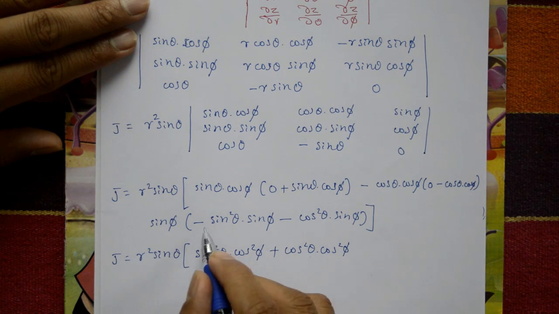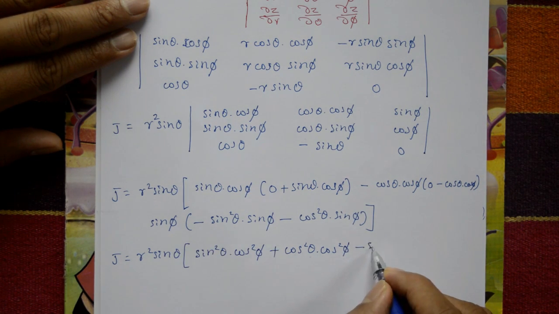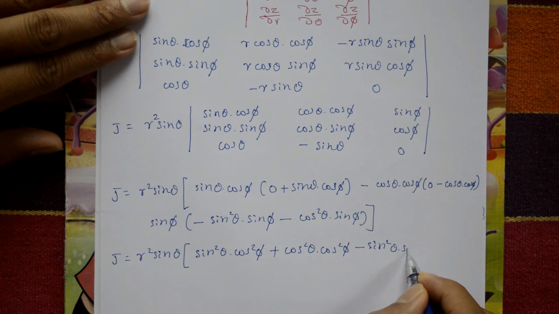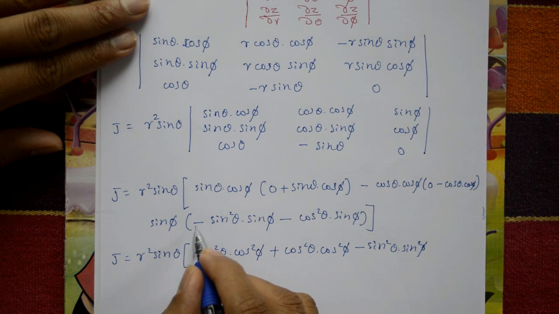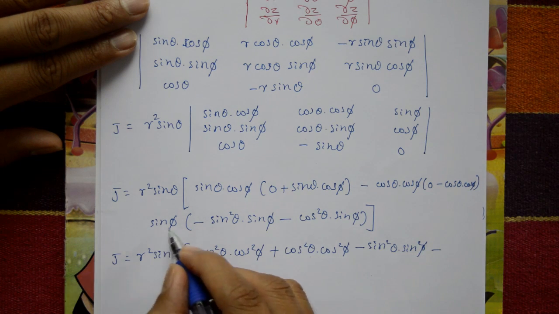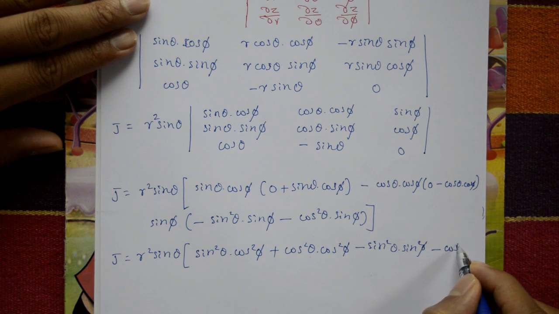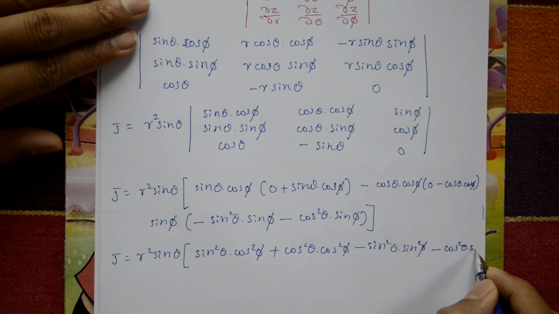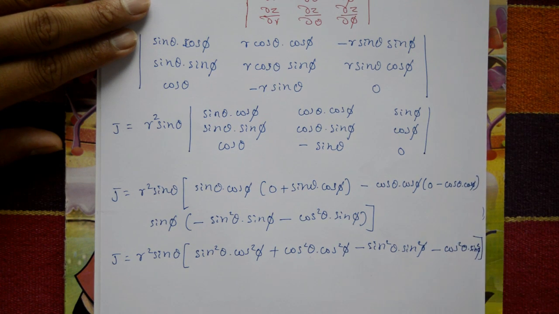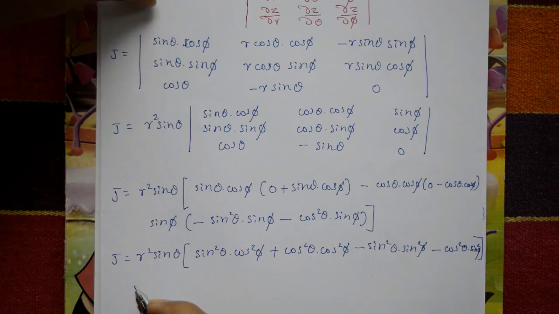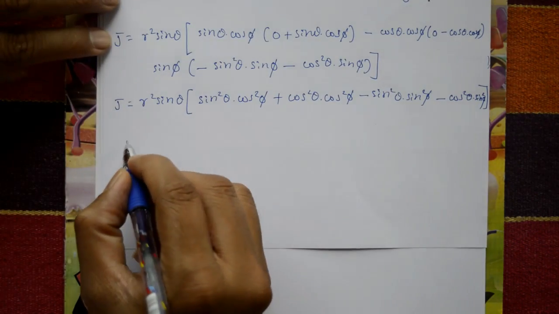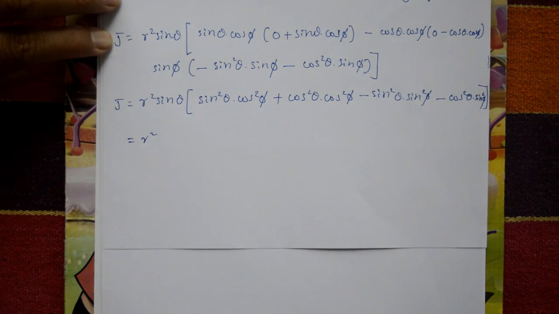And the multiplication minus sin square theta sin square phi. Okay. Then minus cos square theta sin square phi. And this is equal to r square sin theta.